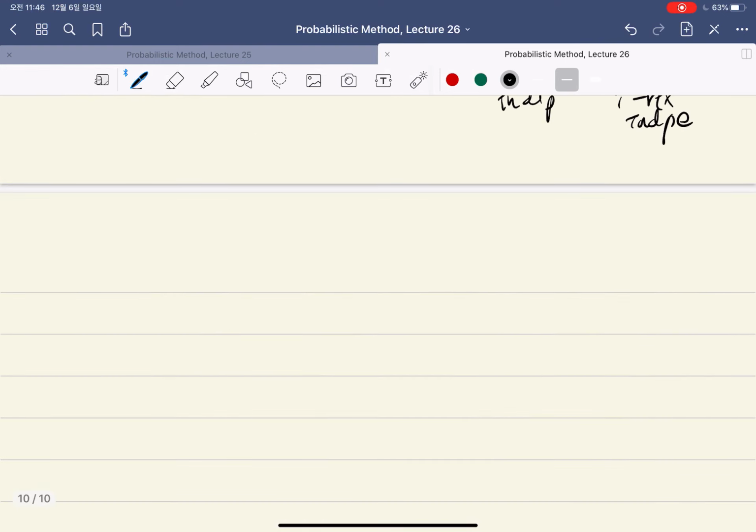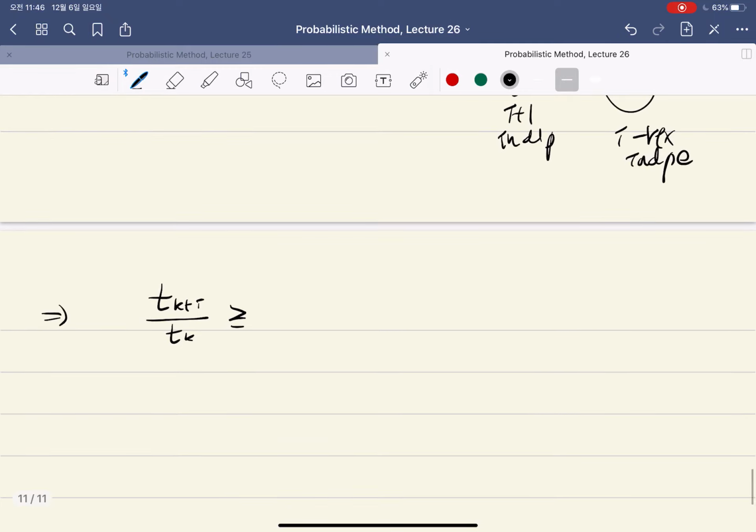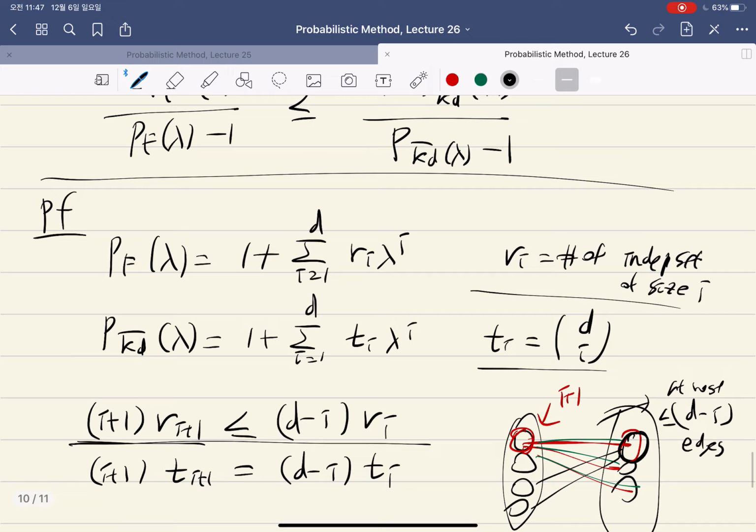So what do you get? From here, it's easy to get that this actually increases faster. Then, using that, we can prove this.